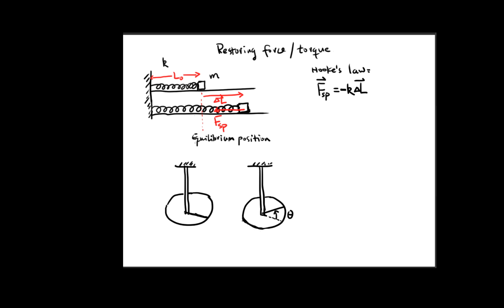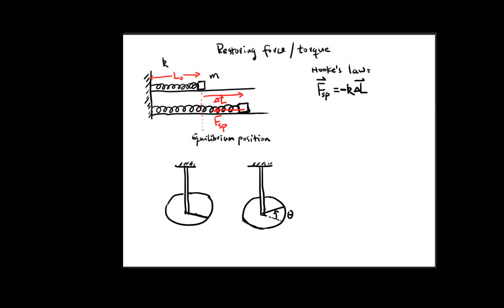So one thing we can summarize here is that the spring force is always opposite to the displacement of the object. And the spring force, or the restoring force, always points toward the equilibrium position.